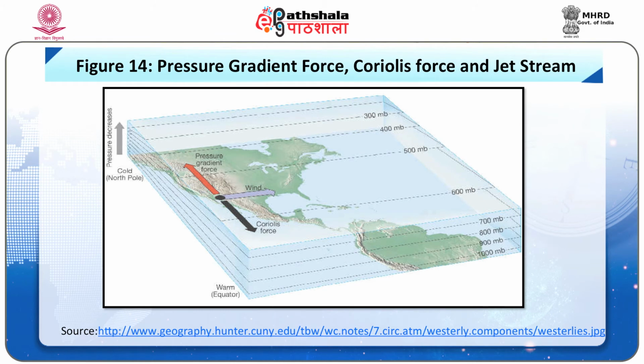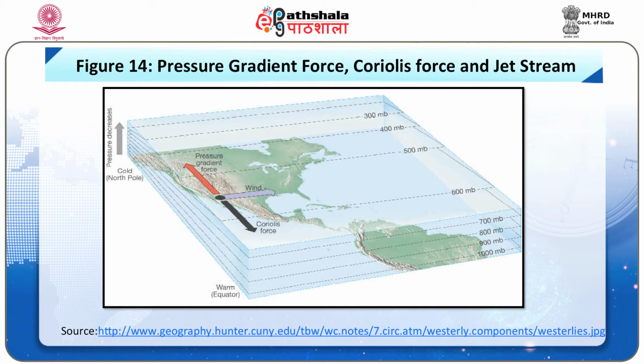Due to the pressure gradient force, air motion should be from the tropics poleward, as indicated by the red arrow in figure 14. But the Coriolis force also comes into play and counterbalances the pressure gradient force. Therefore, jet streams, as a geostrophic wind, move from west to east as upper air westerlies.